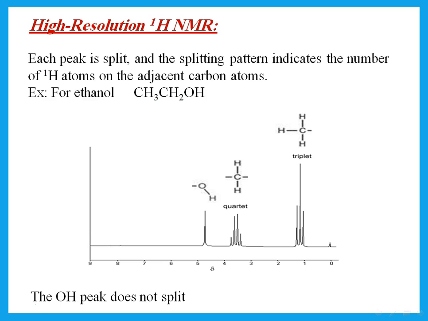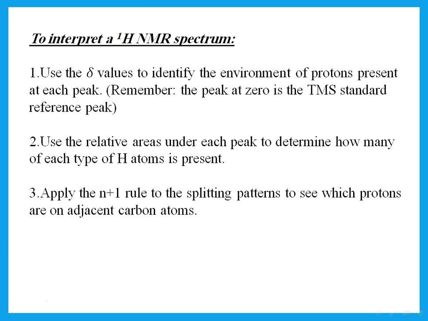So this we call the N+1 rule. If my next carbon next door has 3 hydrogens, then I will be split into 4 peaks. The one for the CH3, the carbon next door has 2 hydrogens, so it is split into 3. It's a triplet. Do we understand this? Now, the OH peak does not split. So it's usually a singlet. It's always a singlet.